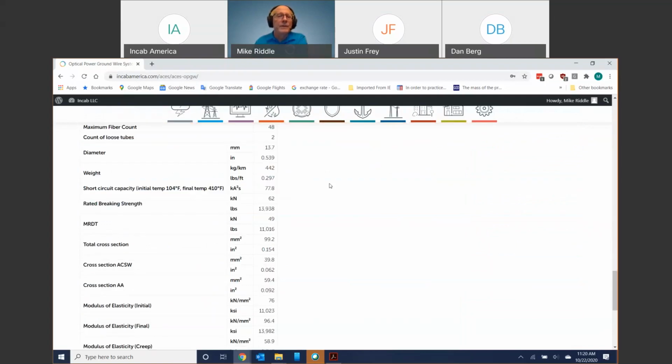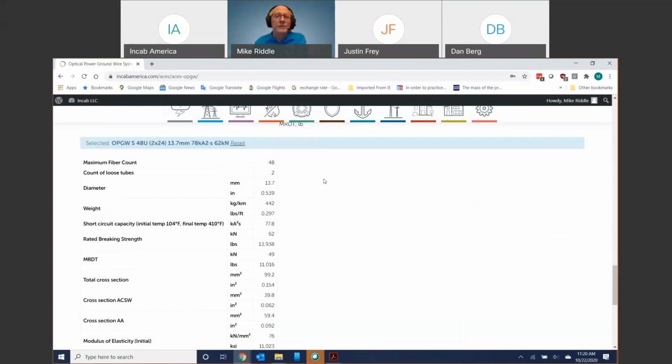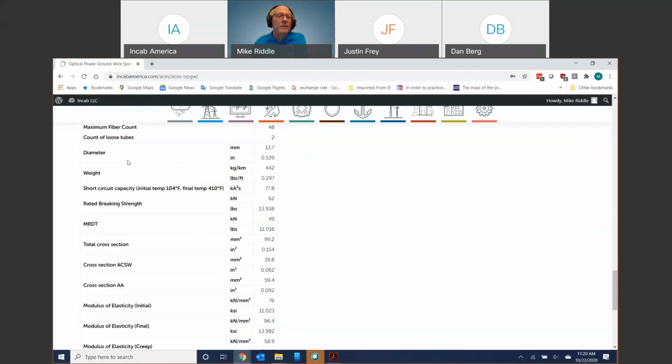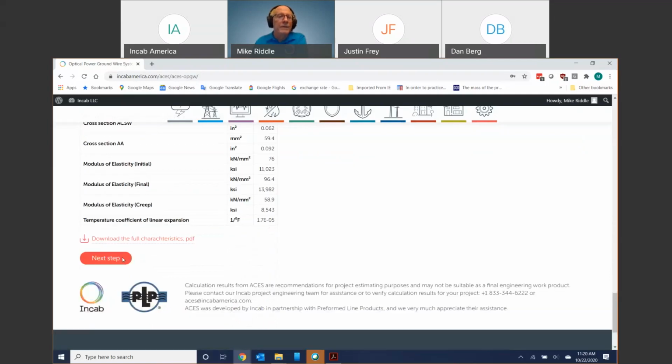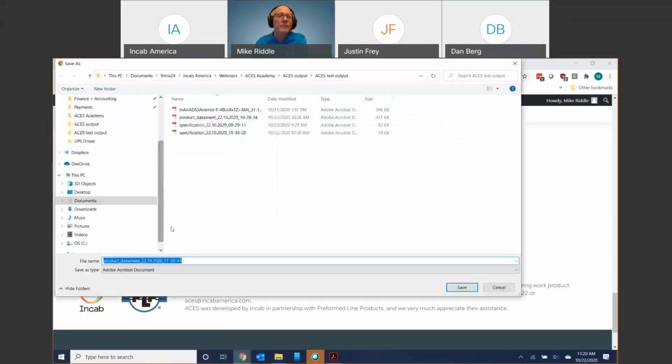And basically, you get an overview cable specification. So your fiber count, you'll see that the fibers are organized in 2 tubes. That means 2 tubes of 24. Your basic mechanical and electrical specifications, basic stuff that you need to know. And you can download that information to keep for later.